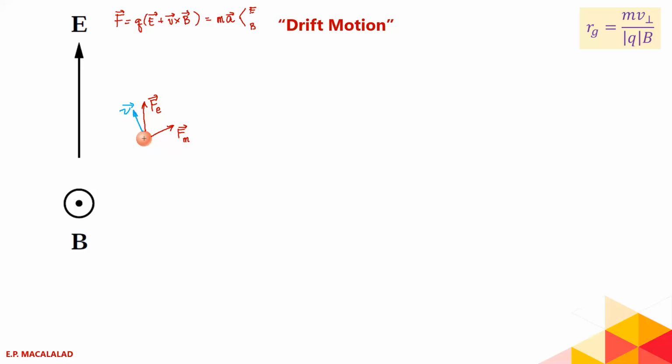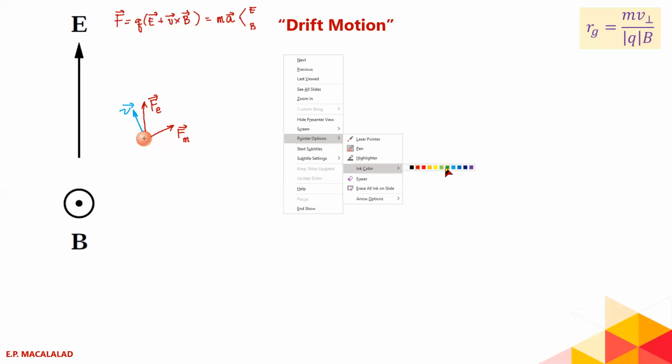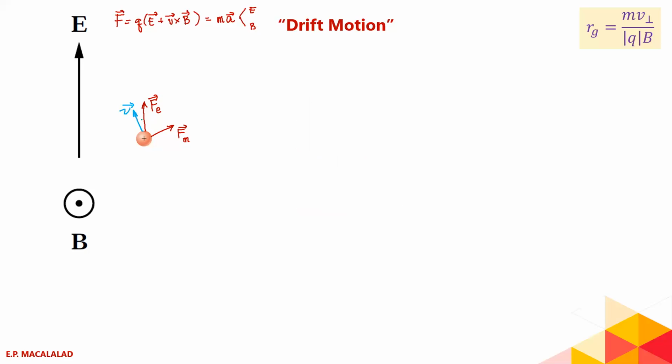Due to the electric field, this particle will accelerate in this direction. So there is a vertical acceleration, called A1. Along this direction, the object will speed up.